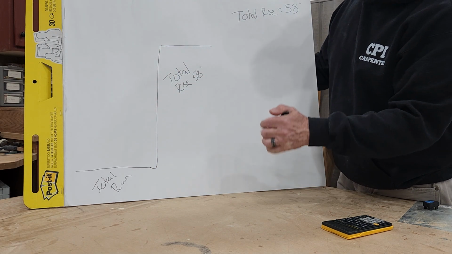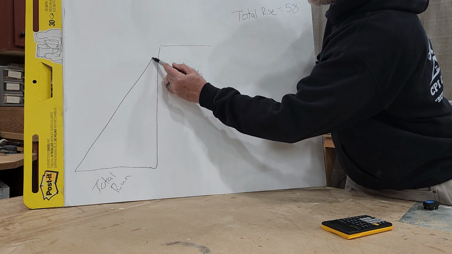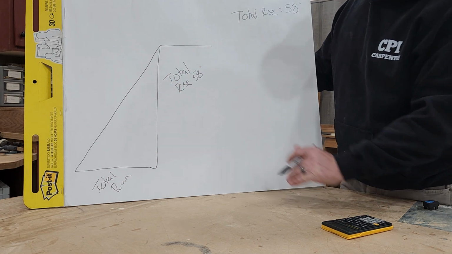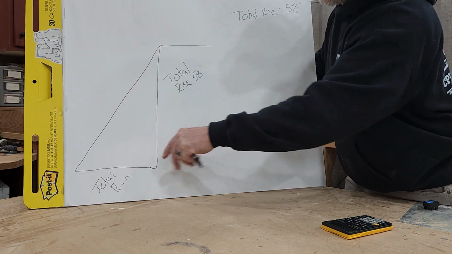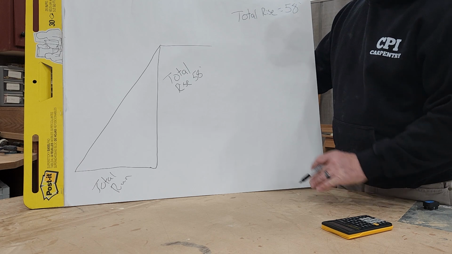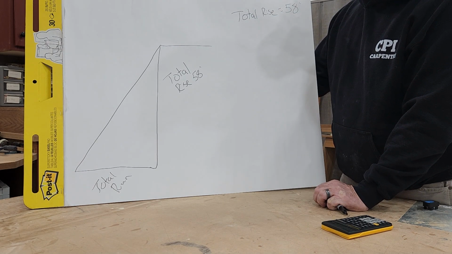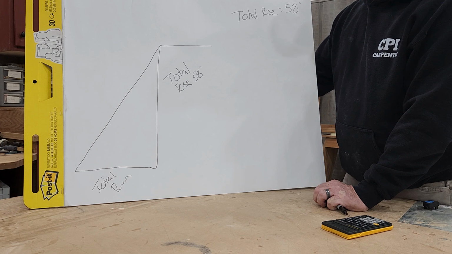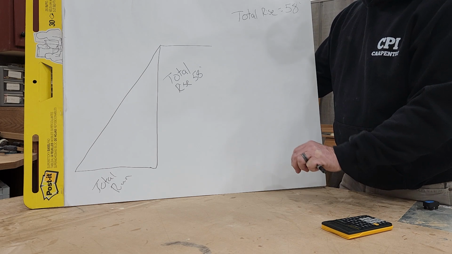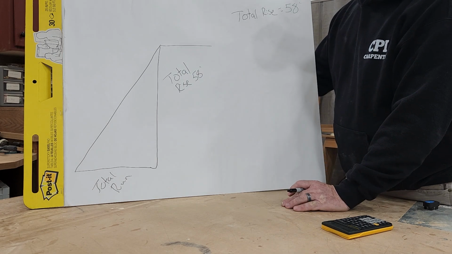Basically, if I connect these two dots here, we're trying to create a triangle and we want to climb this slope. The problem is I don't have a vertical jump of 58 inches and I really don't know anybody that does. So I can't just hop from one floor to the next.